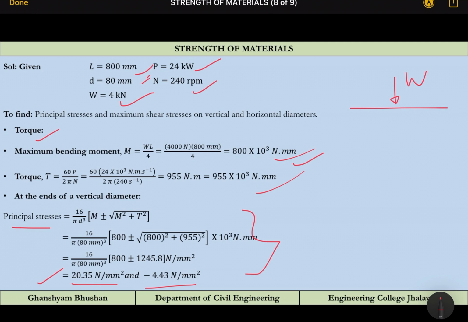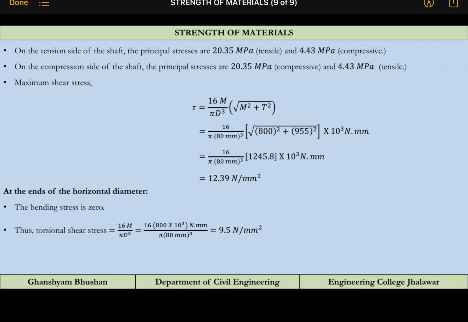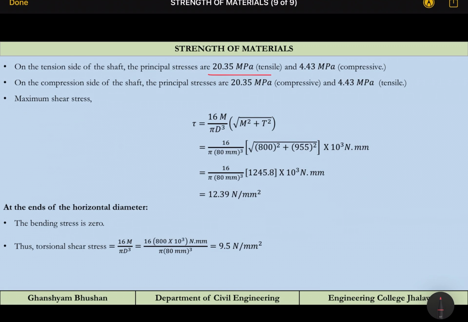On the tension side of the shaft, 20.35 will be tensile and the other compressive; on the compression side, this will become compressive and the other tensile. And for the maximum shear stress, putting the values in the formula, we get 12.39 Newton per mm square.